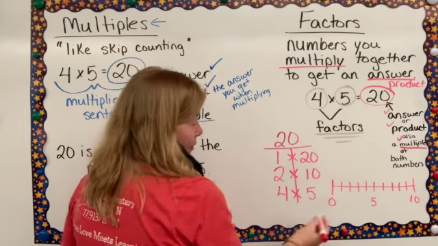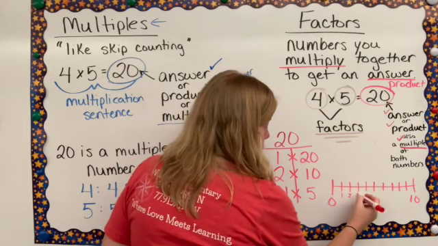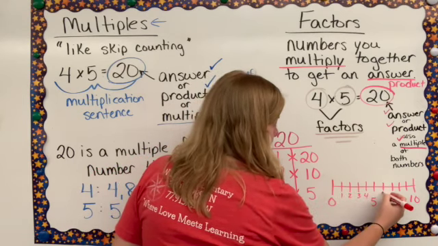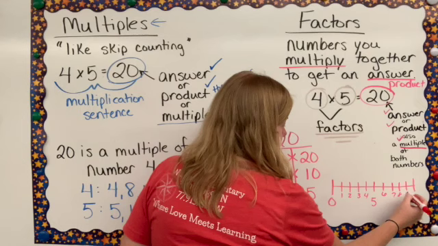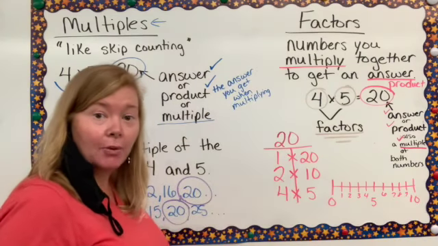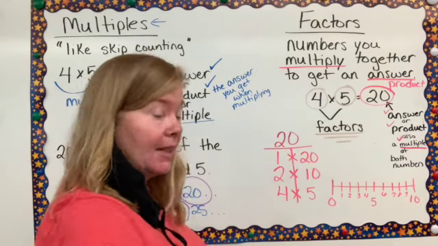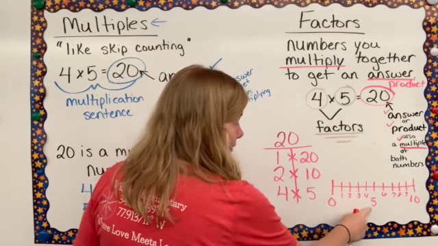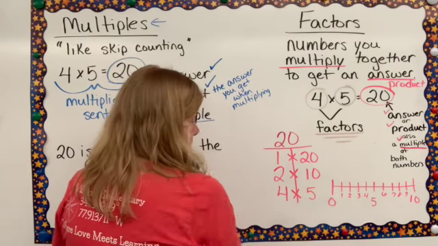If I had a number line 0 to 10, this would be 1, 2, 3, 4, 5, 6, 7, 8, 9, and 10. If I had a number line to 10, then 4 and 5 are right beside each other on my number line.